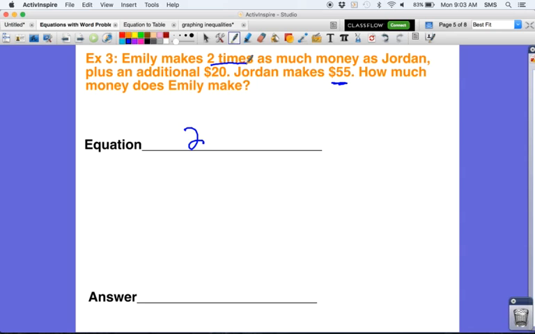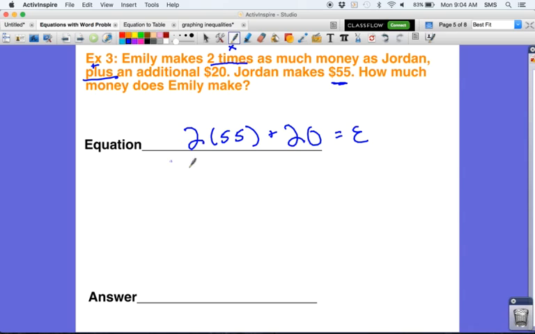So I have 2 times however much money Jordan makes. Well, that'd be 2 times 55. Plus an additional, so here's my addition right here. 2 times is my multiplication, an additional $20. How much money does Emily make? And that's going to equal however much money Emily makes.